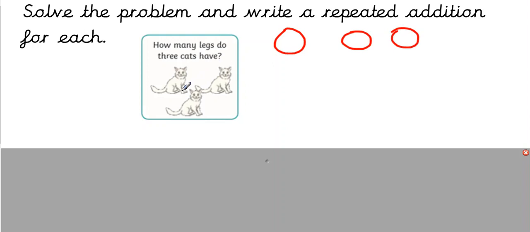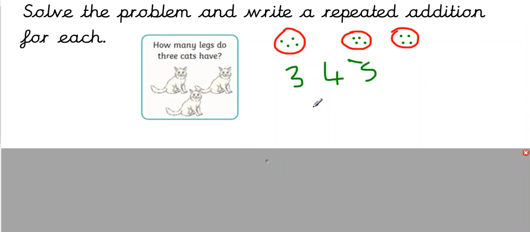So cat 1 has 1, 2, 3, 4 legs. Cat 2 has 1, 2, 3, 4 legs. And cat 3 has 1, 2, 3, 4 legs. Okay, so I have got 3 groups of 4 or 3 fours.